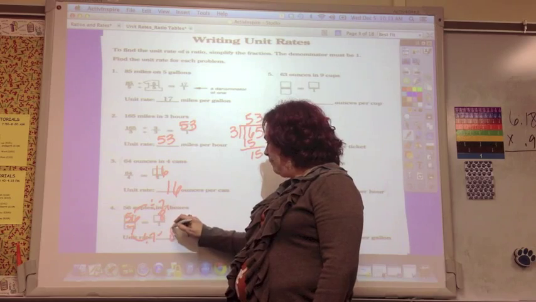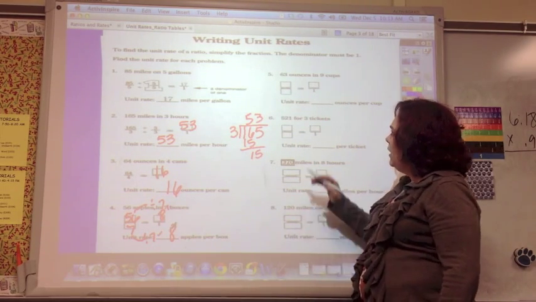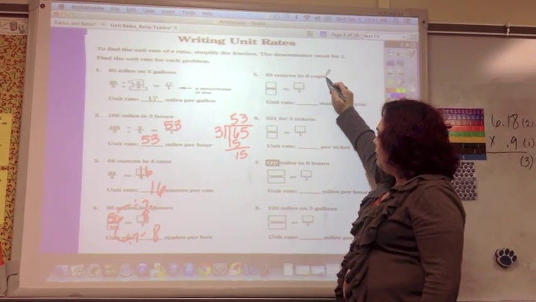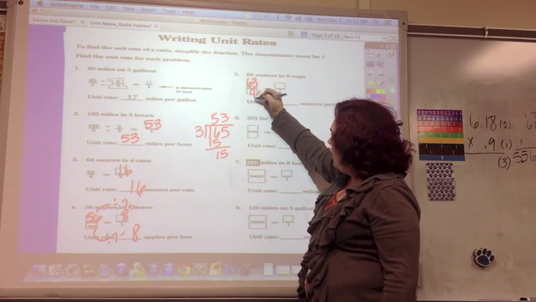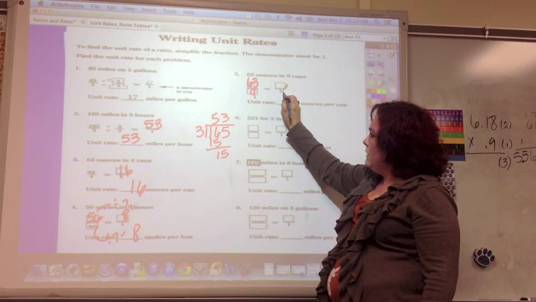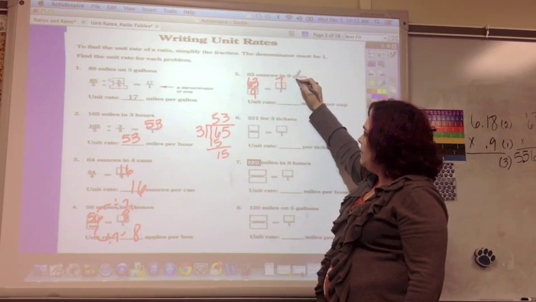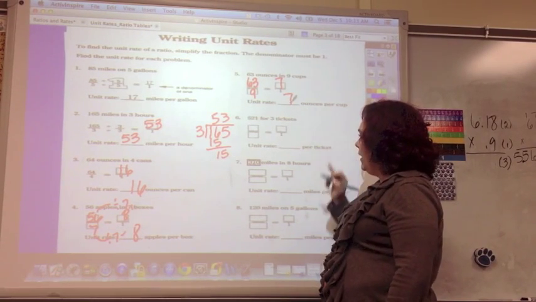And so it's 8 apples per box. And then I know this is hard to read. 63 ounces in 9 cups. So 63 out of 9. 9 divided by 9 is 1. 63 divided by 9 is 7. So it's 7 ounces in 1 cup.